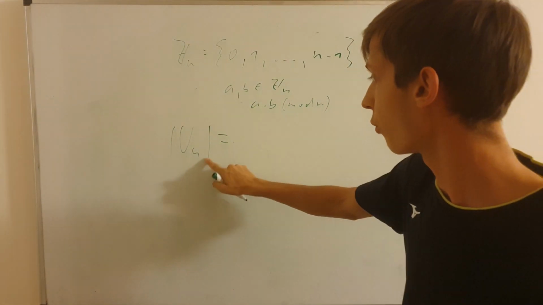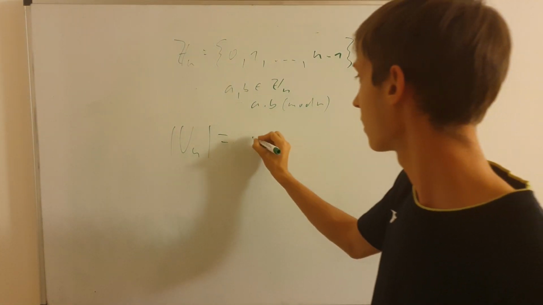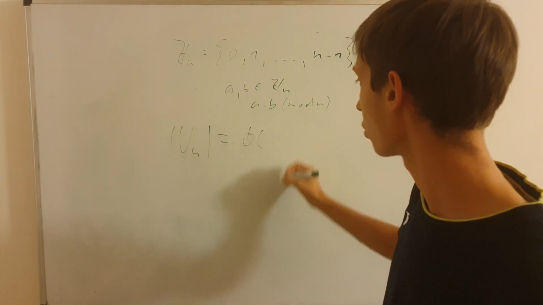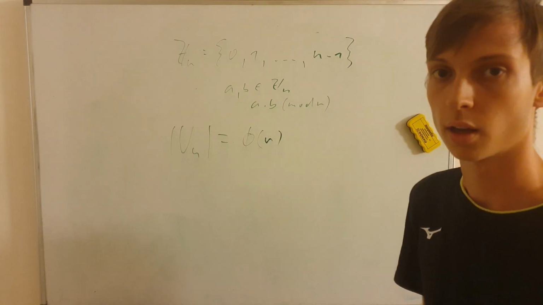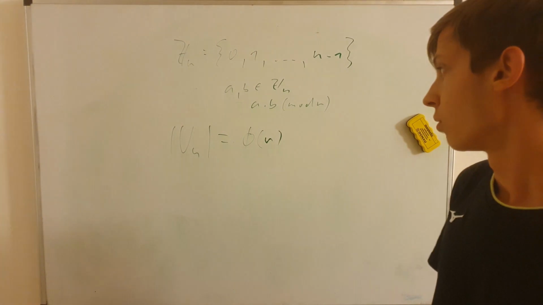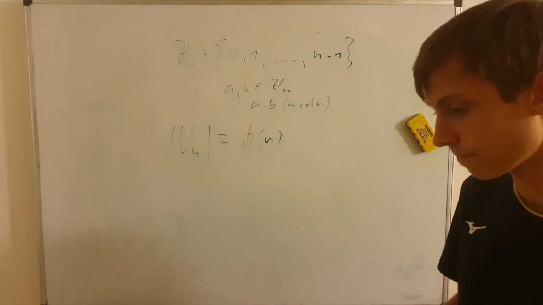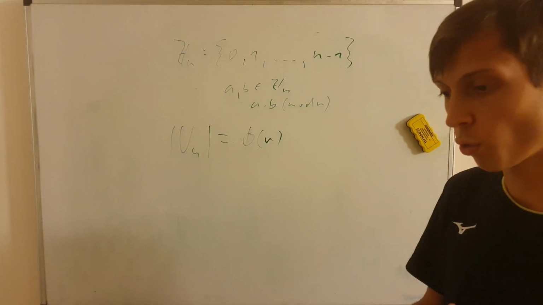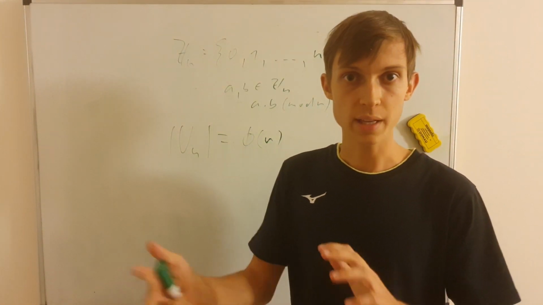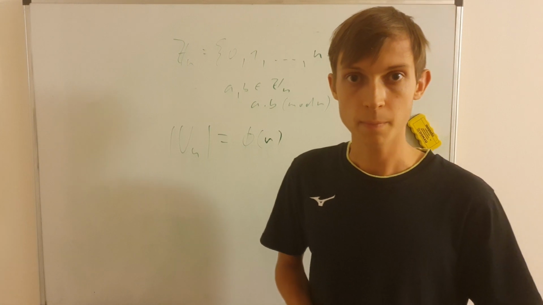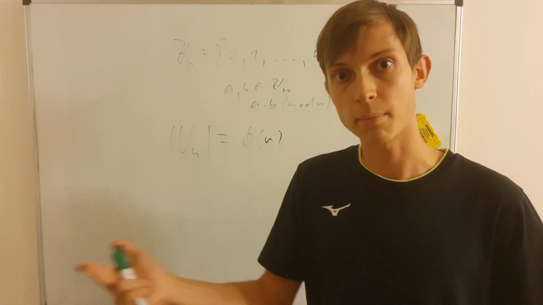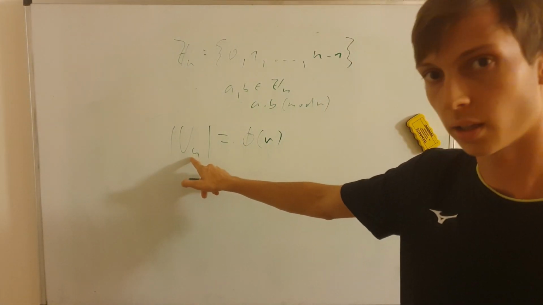So the order of a group of units n is equal to the Euler totient function of n. What it means basically is that all the various elements of the group of units n go from 1 to n minus 1, where n is this right here.